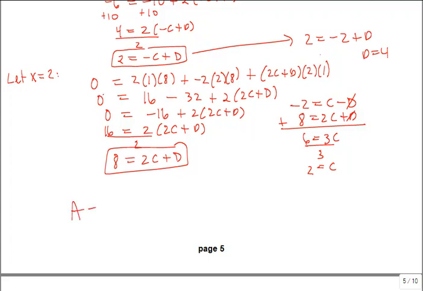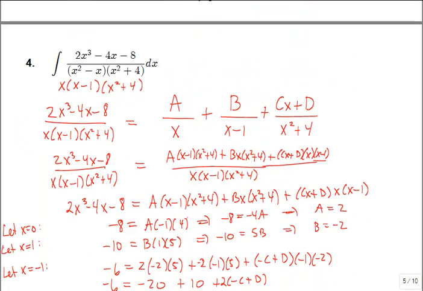So we have a, which was 2, b, which was negative 2, c, which was 2, and d, which was 4. So those are going to go on top up here. So this is going to become 2 over x minus 2 over x minus 1, I just put the minus in front, plus 2x plus 4 over x squared plus 4.